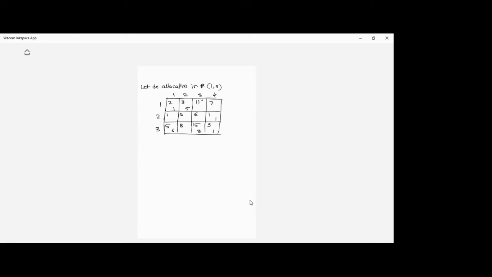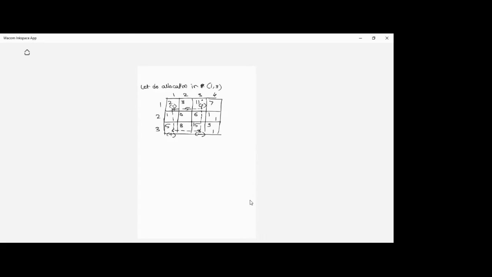So what we are going to do is form a loop for this particular cell. It is very simple. This will go down, this will go up, and here it will go like this. So we have to do the allocation here plus, here it is minus, here it is plus, and here it is minus.